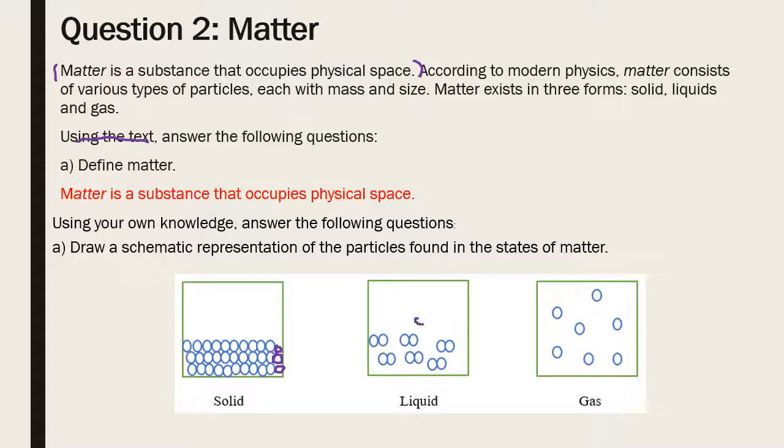I'm going to draw 2 more. So liquids are far from each other, while gases are very far from each other. So this is how we draw the particles found in a solid, in a liquid, and in a gas.